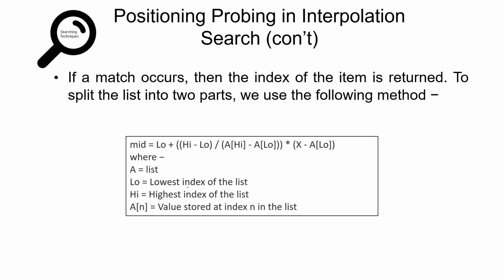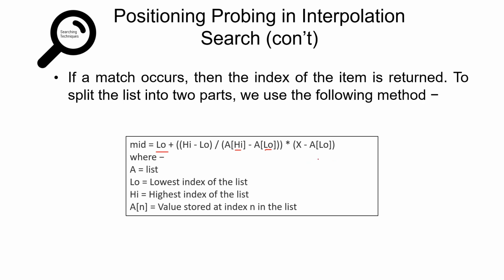Kino-compute natin yan by having this formula. So, to have the probing position, although width din ang tawag natin sa kanya, so para makompute natin is to use the low plus, PEMDAS ulit tayo, high minus low divided by array index of high minus array index of low. Actual values ang ipapasa natin dito later.